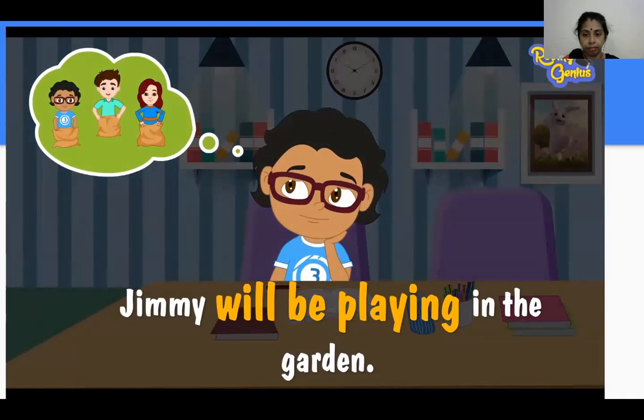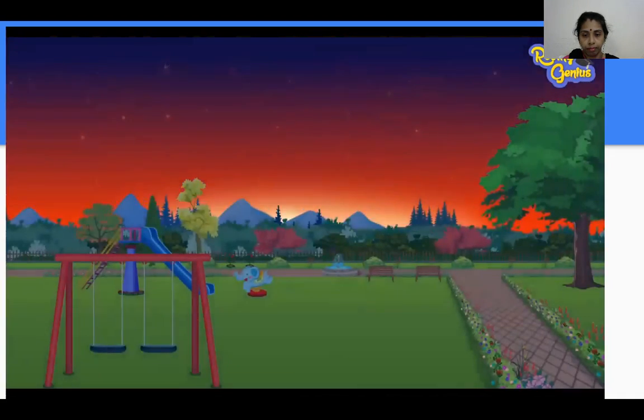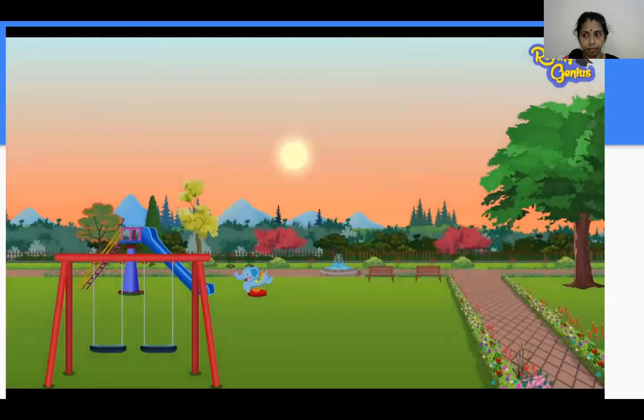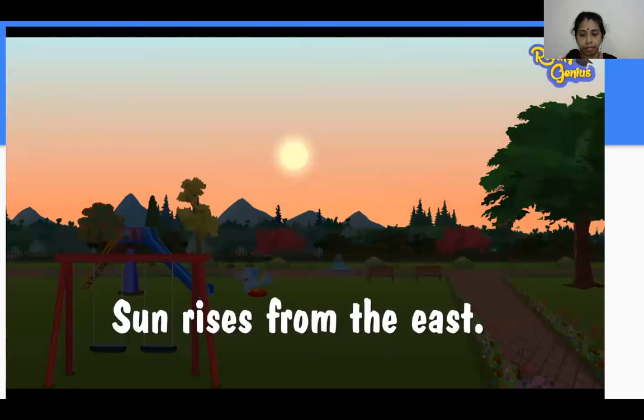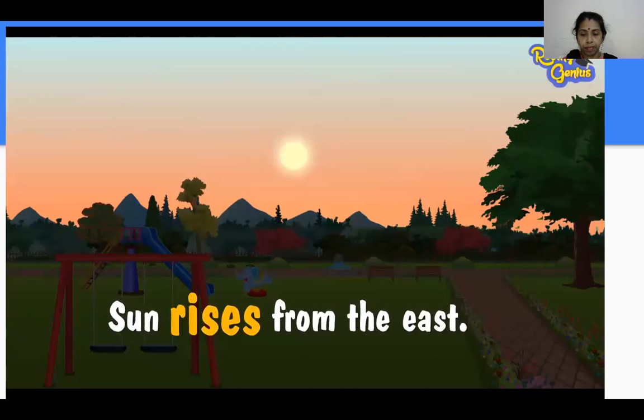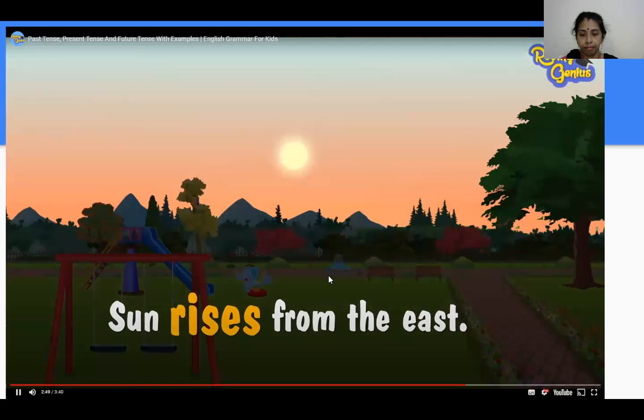Now, let us see a few more examples. The sun rises from the east. Here the verb rises indicates an action in present which is going on.